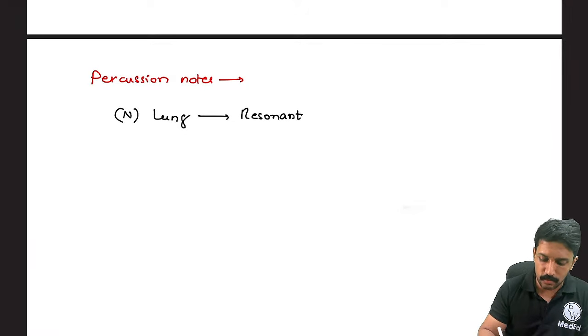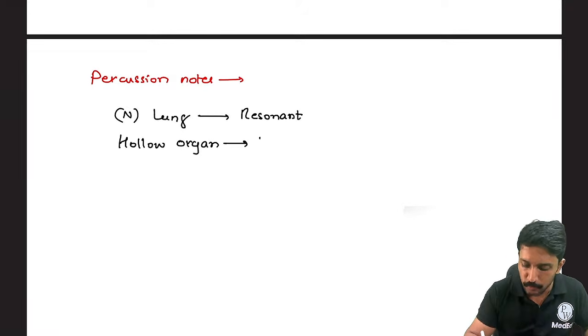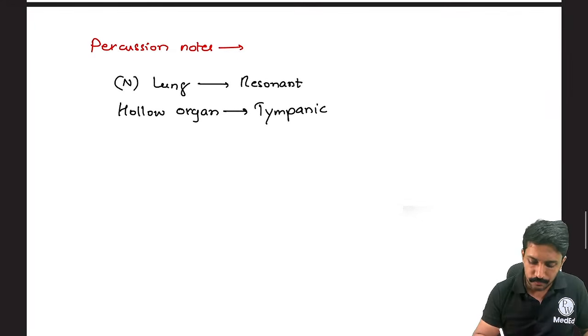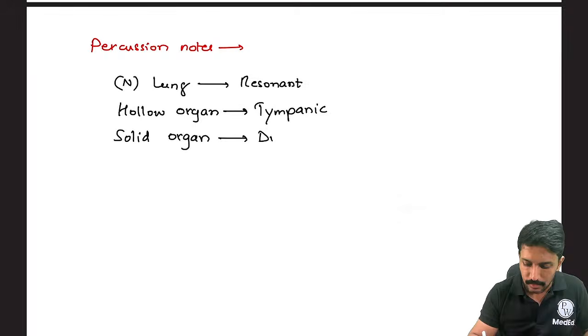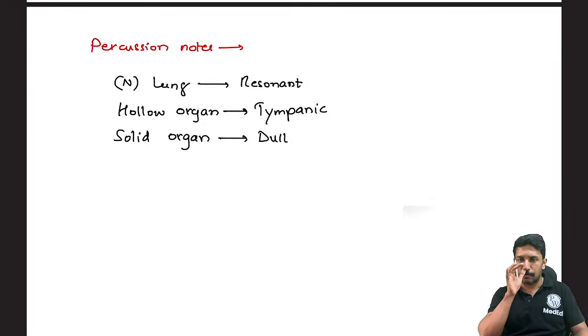When I percuss over a hollow viscus or hollow organ like the stomach or intestine, most part of the abdomen, which contains intestines and stomach, it will produce a tympanic note. If I percuss over a solid organ like the liver or spleen, it will produce a dull note. Okay, these are basic things we should know.